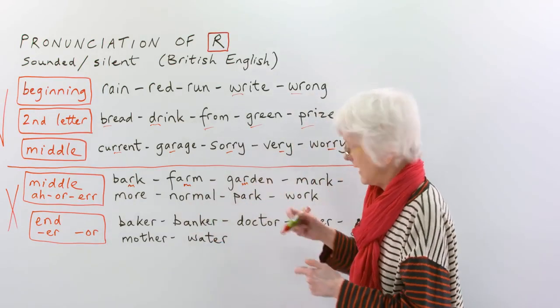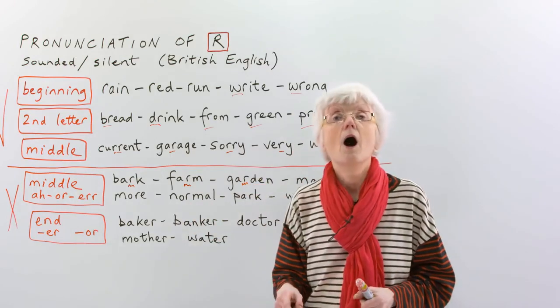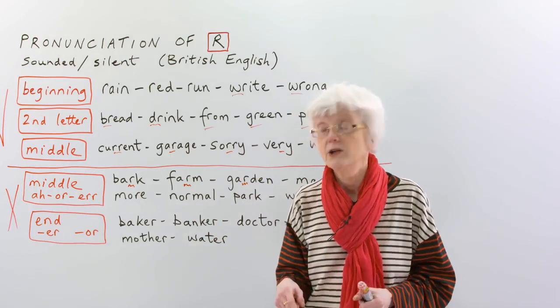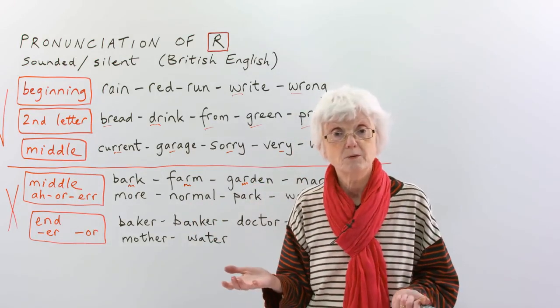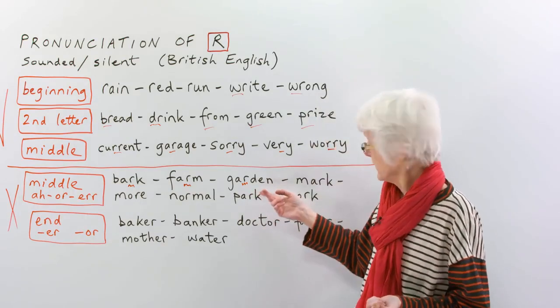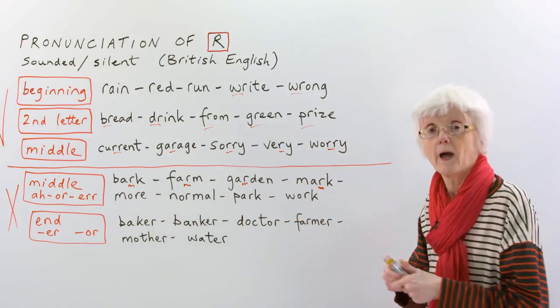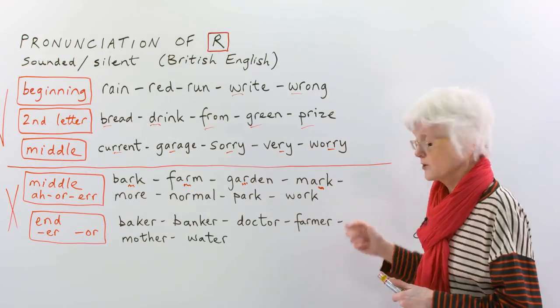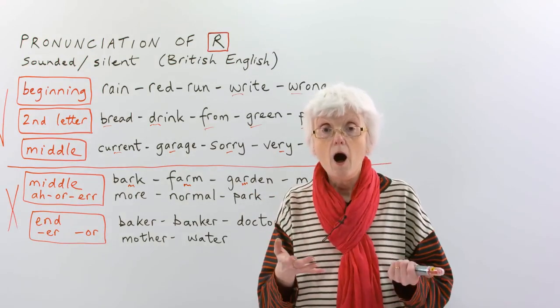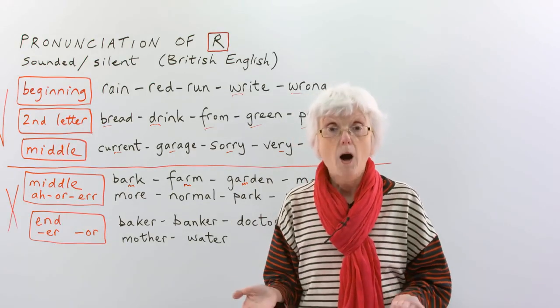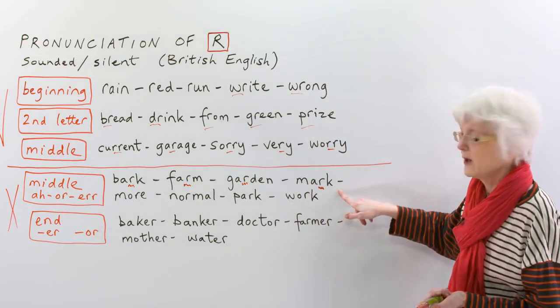Okay, and then with this one, garden, just the R sound again, garden, and this one, mark, just R, M, R, and then K, mark, no R.